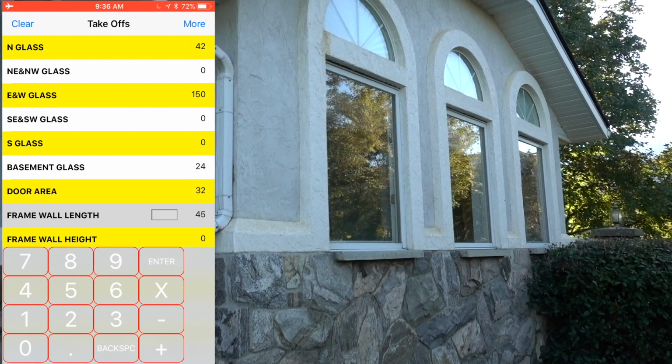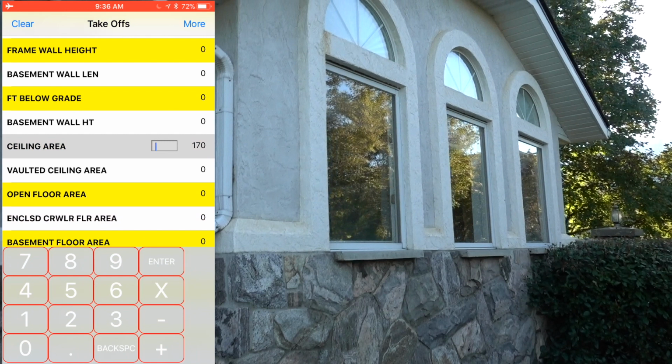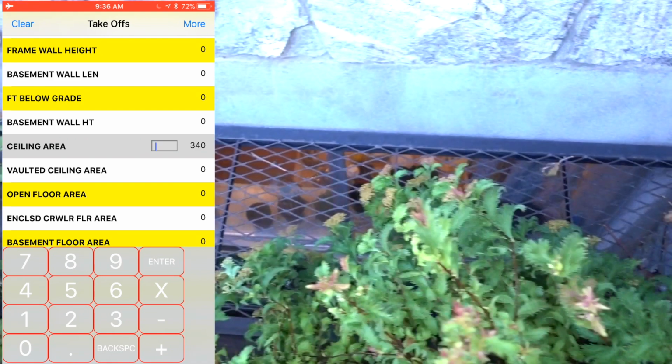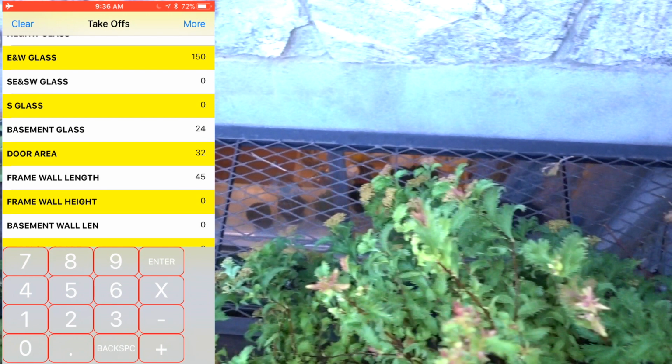And then I got to go down to ceiling area, and I'm going to say 10 by 17 plus to add that ceiling area that is above that area. And then we have a basement window along that same side. It's going to be 4 by 6. So 4 times 6 plus.